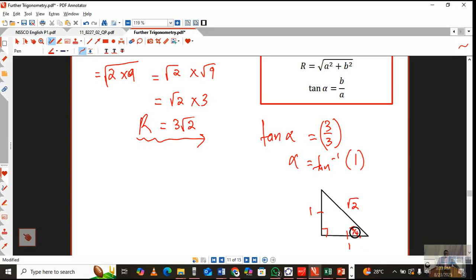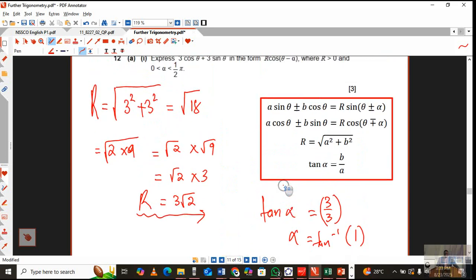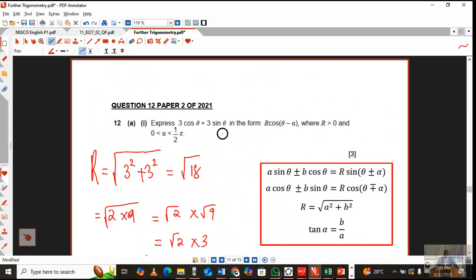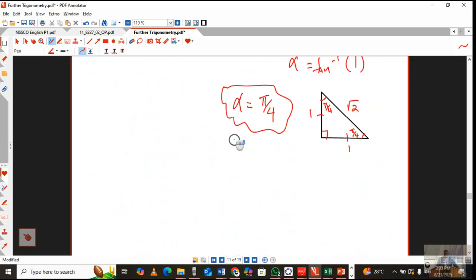This is pi over 4. We should also make that one pi over 4. Tangent is opposite over adjacent. So what I want to show you here is that alpha will be pi over 4. Now I have my alpha, which you can obviously give as a decimal value as well, but you definitely know that that is what you're going to get.